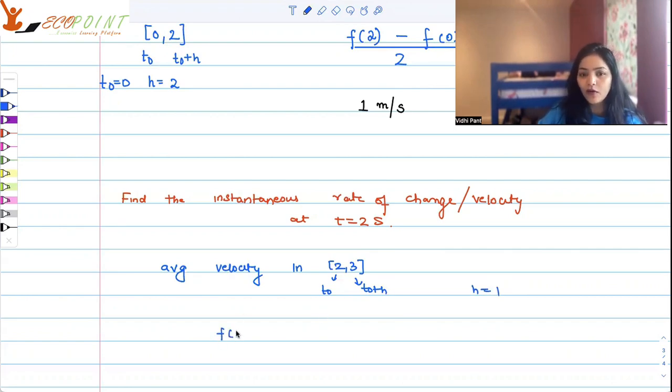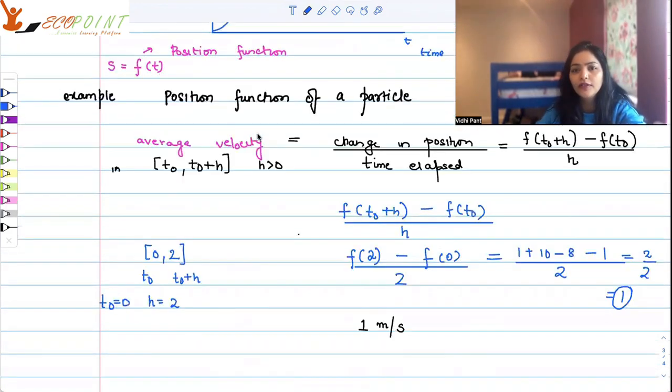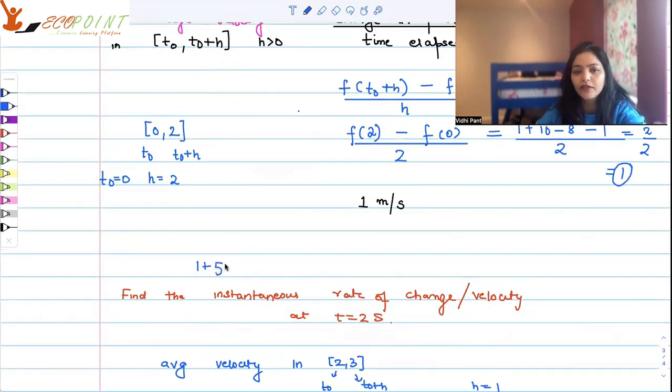So clearly, f of t naught plus h minus f of t naught, whole thing upon h, is equal to f of 3 minus f of 2, whole thing upon 1. The function is the same: 1 plus 5t minus 2t square.